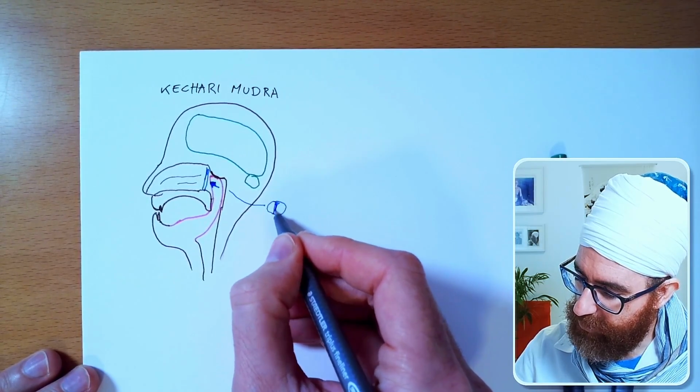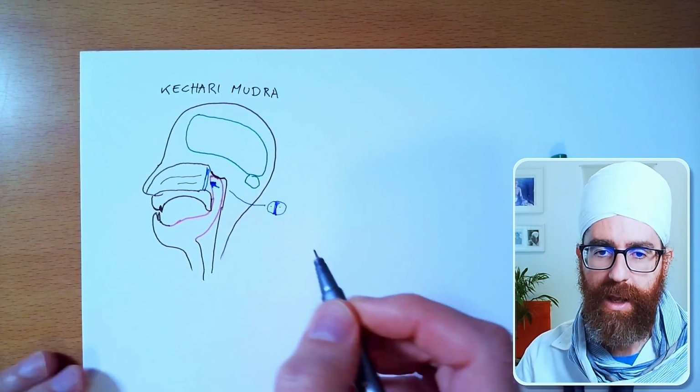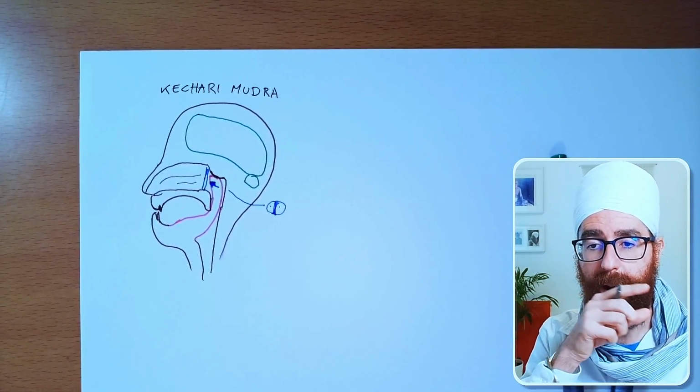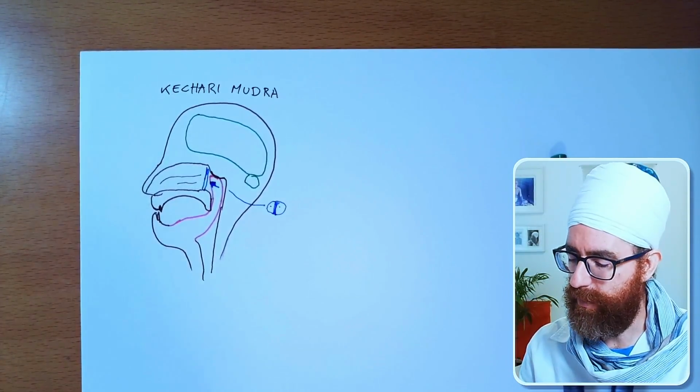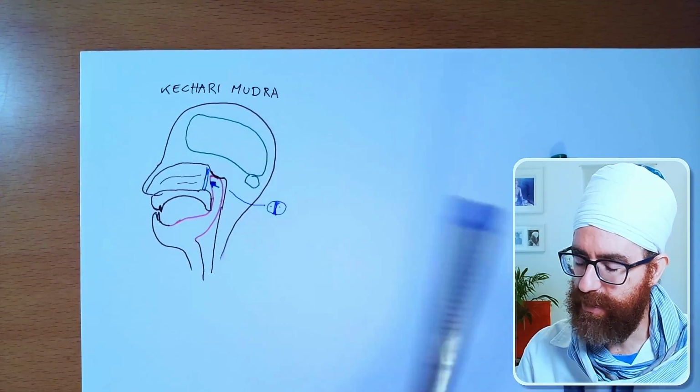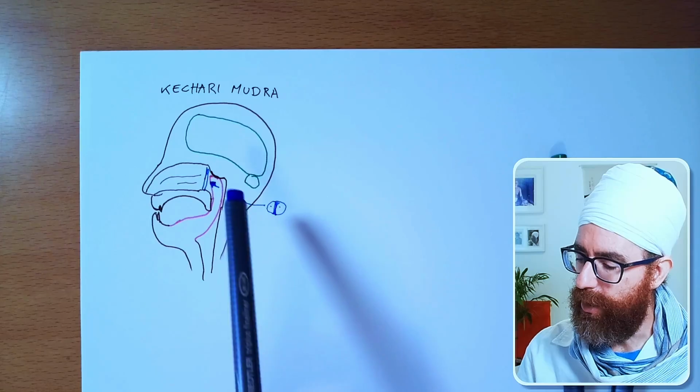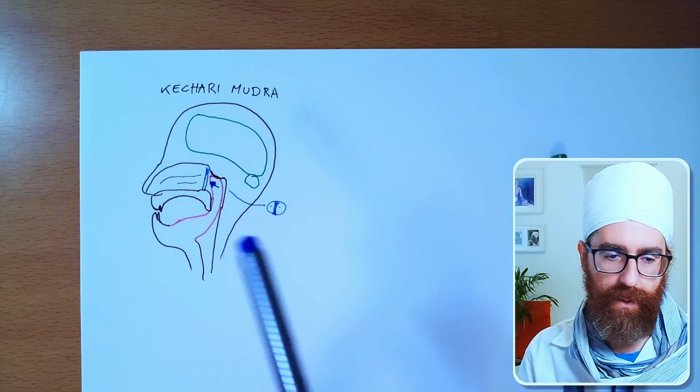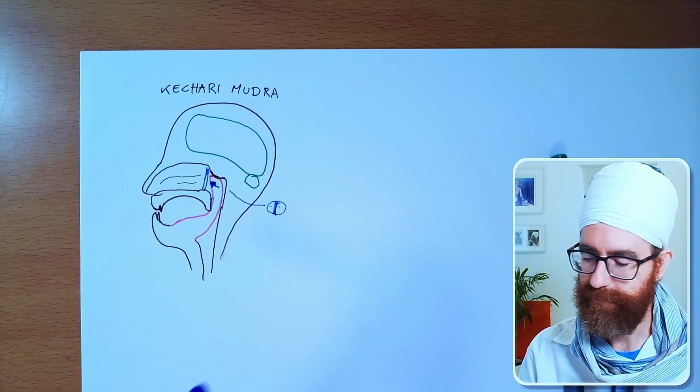And there are 2 holes, yeah? 1 and 2. And the air passes through one and goes to one nostril, and the other one goes to the other nostril. So even if you could get the tongue long enough, you would not make it pass through these holes, I believe.